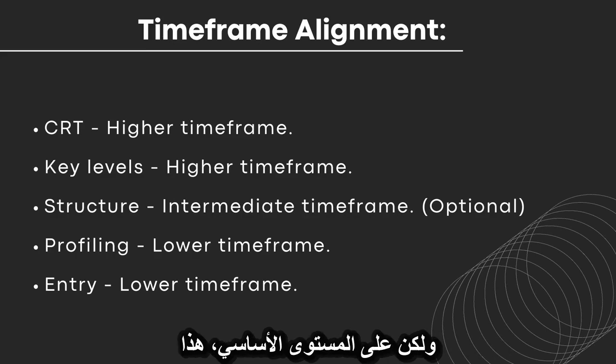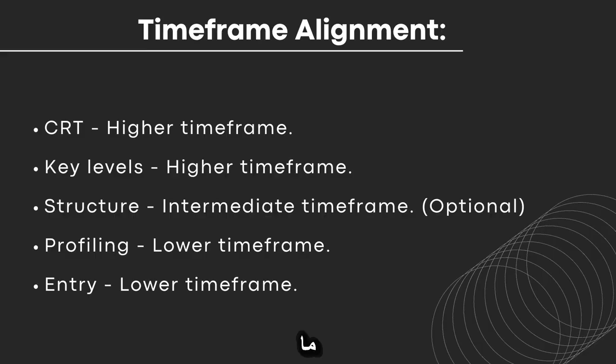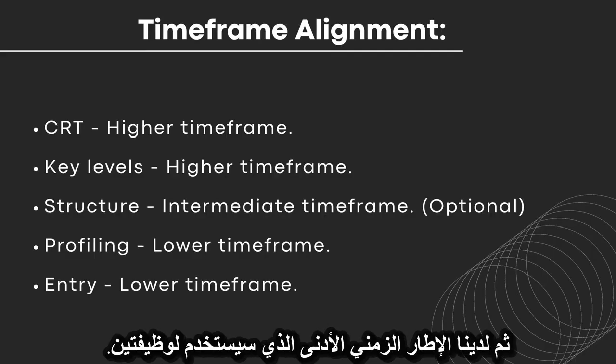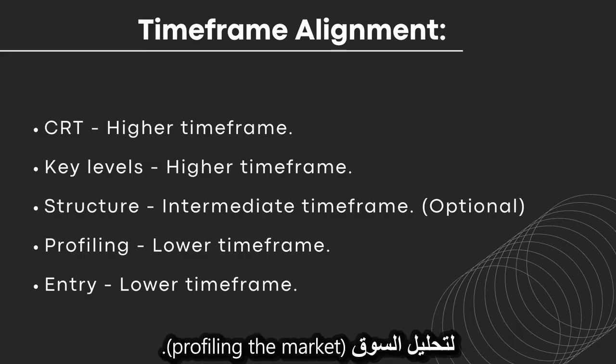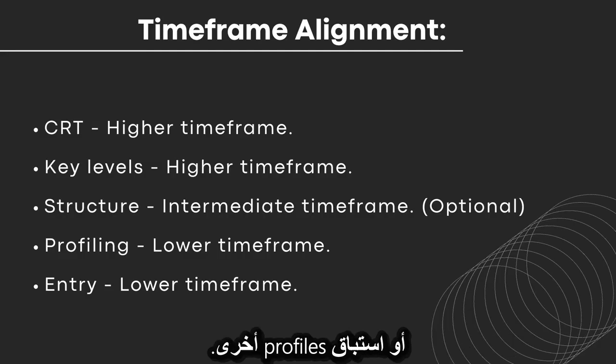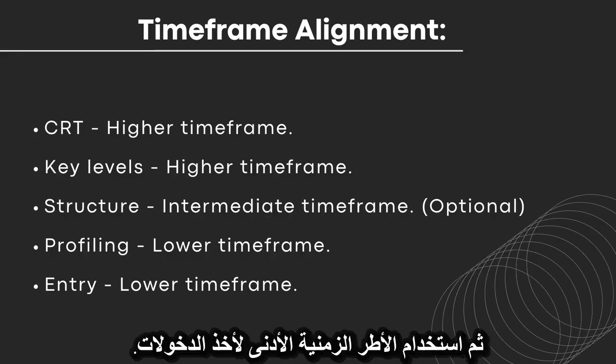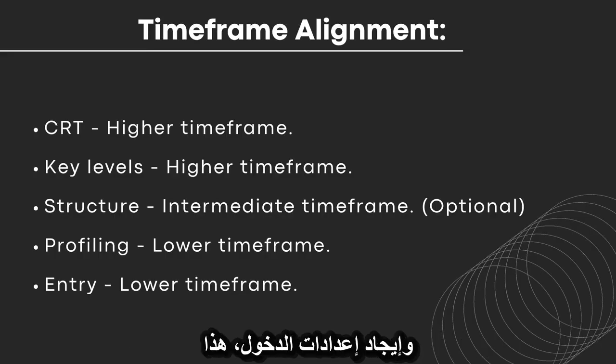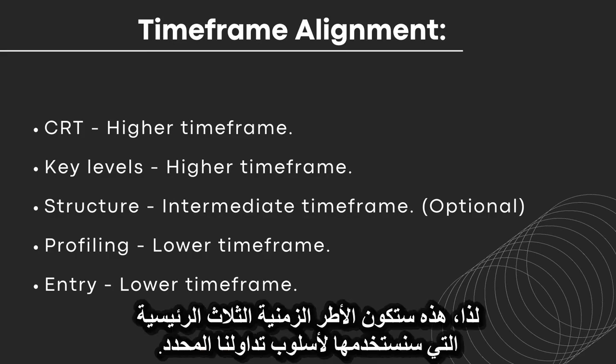Then we've got the lower time frame, which will be used for two functions: profiling the market, meaning using market profiles to anticipate other profiles, and taking entries and finding entry setups. That's where you're going to execute your trades. So these are the three main time frames we'll use for our particular style of trading.